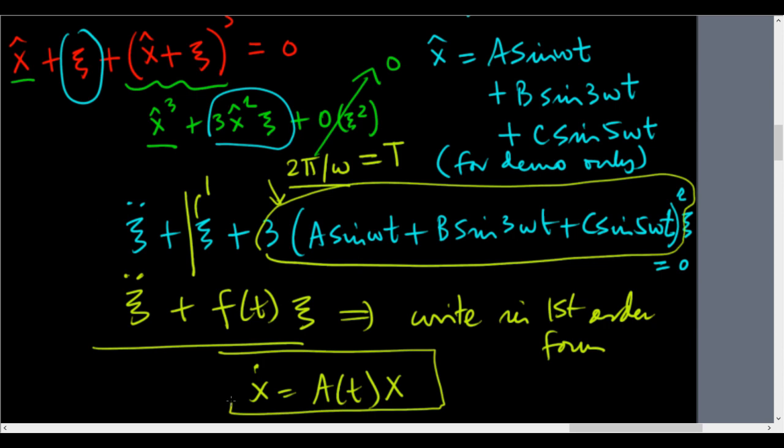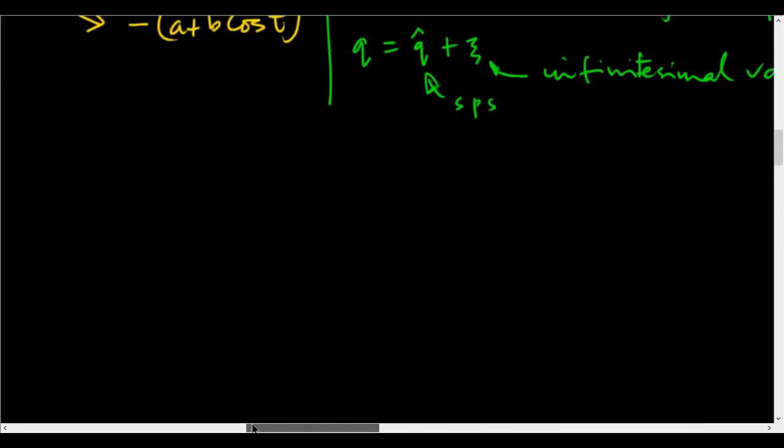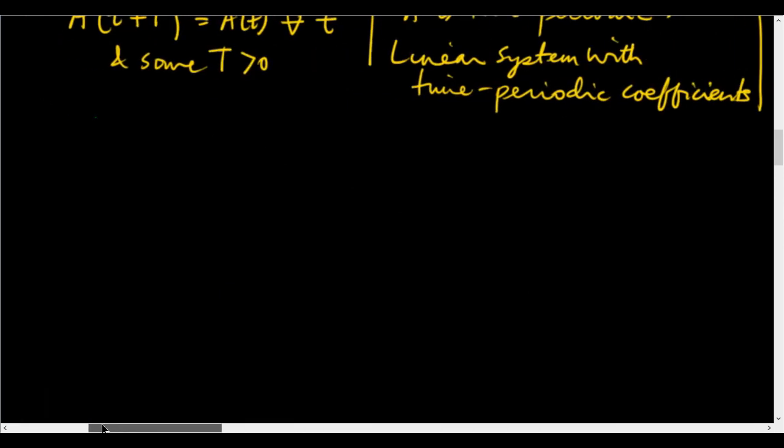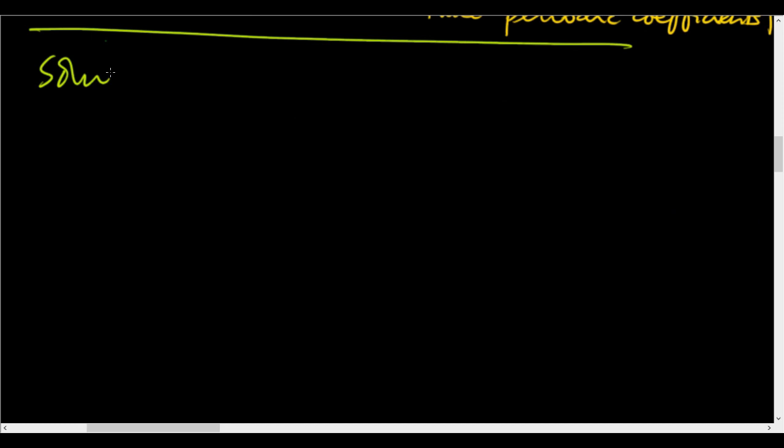Okay, so now we want to study solutions of this system, and the way we will study it is we will now forget about the original source, and we'll just say, let us talk about solutions of x dot is equal to a of t times x. Now this is a linear system.